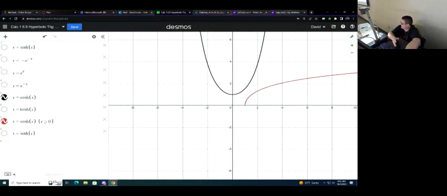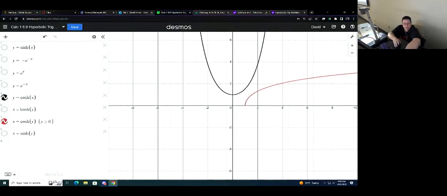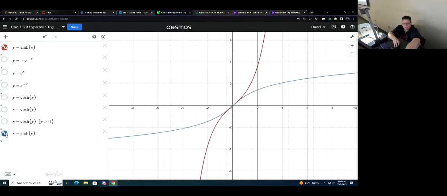So there's going to be some restrictions on the inverse of hyperbolic cosine. If we look at sine, I'll write these down in a second. Sine only has one y value for every x value. So when we do its inverse, it's just fine. It's not going to have any restrictions.